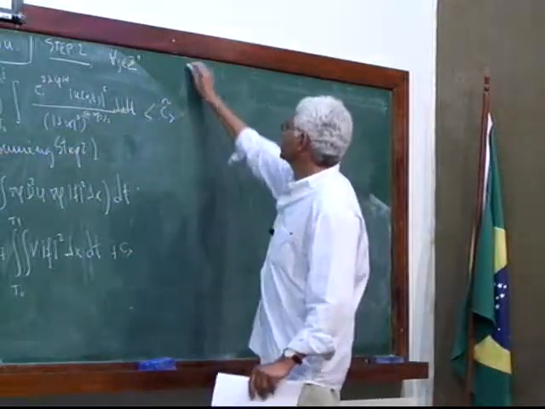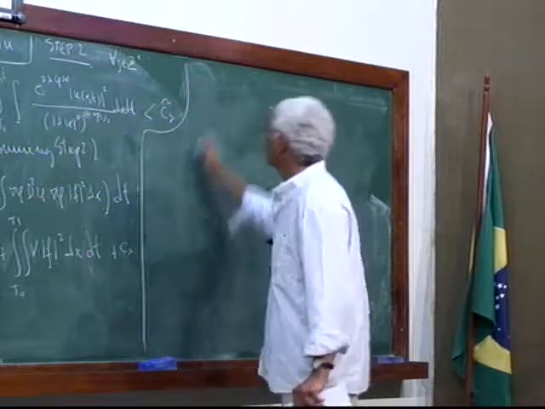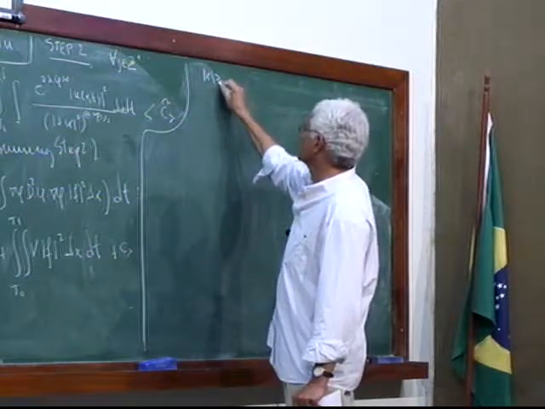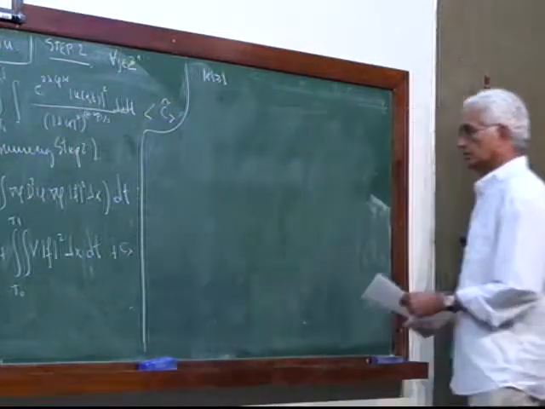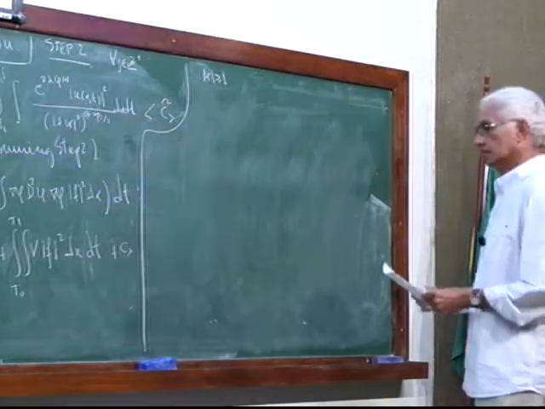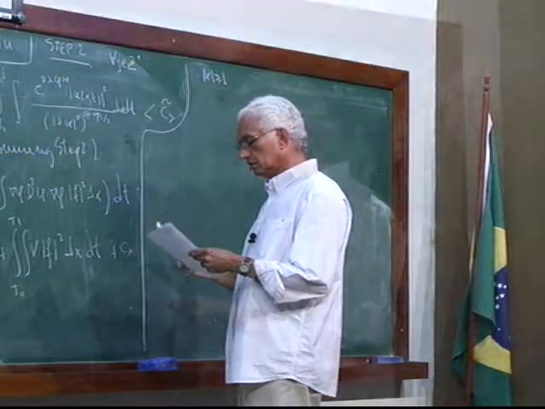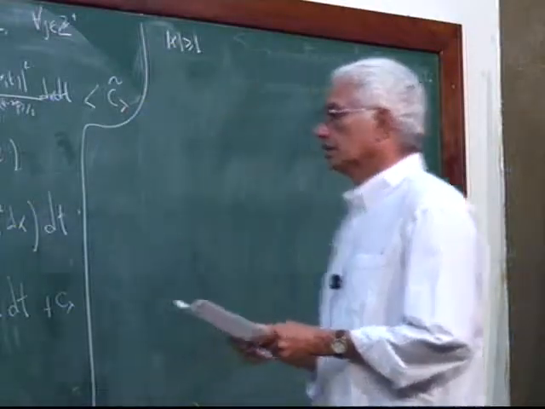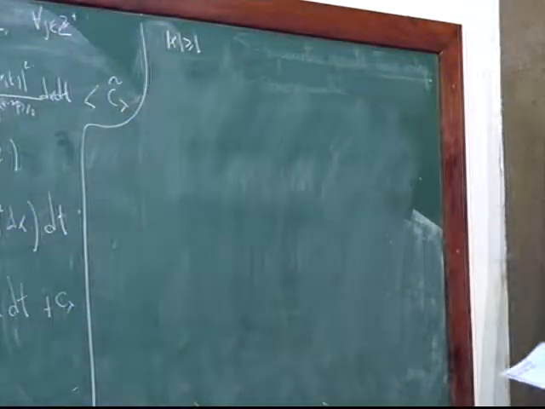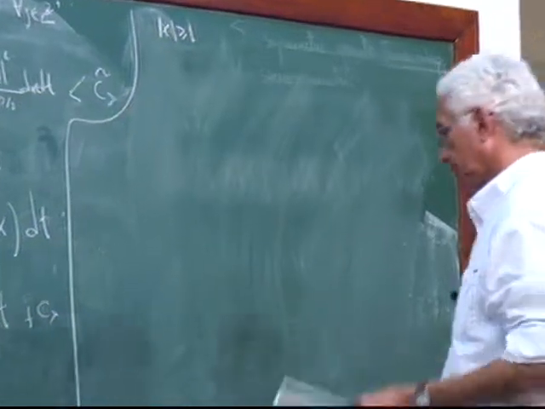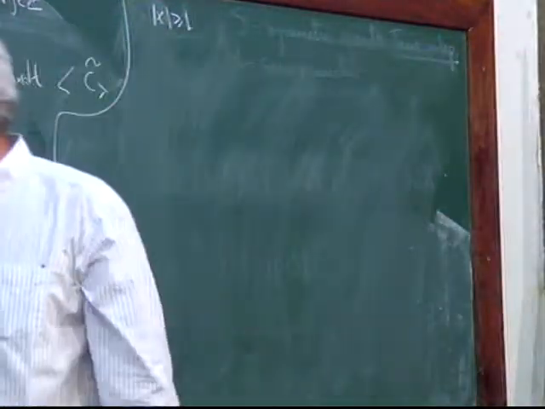Now let's go by pieces. What happens if x is larger than 1? If you want, I will put the L infinity norm here.